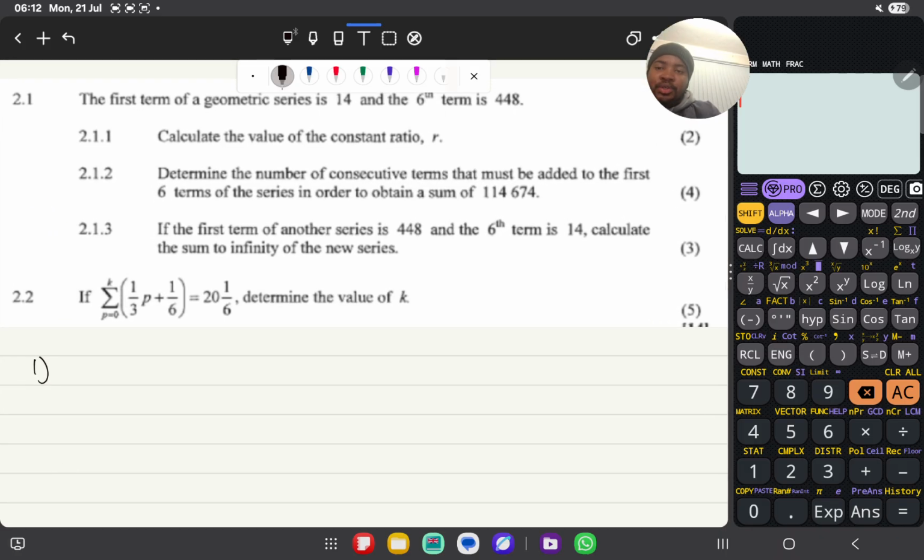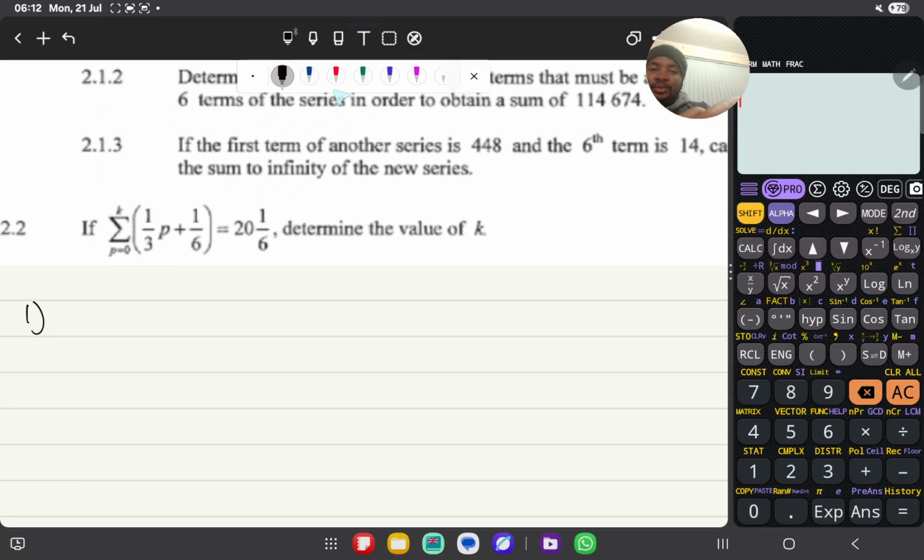Cool. So the first term in a geometric series is 14. This is what you know. In fact, let me use red. This is what you know. A geometric sequence follows this rule: ar to the power of n minus 1.